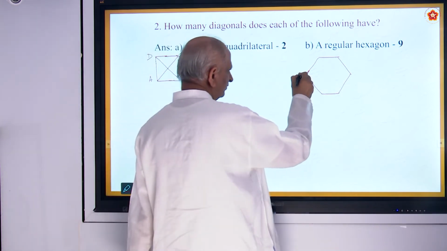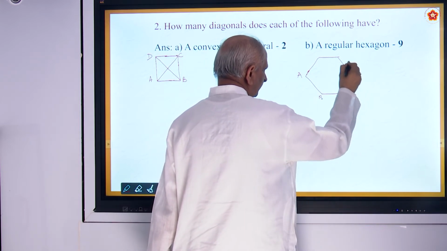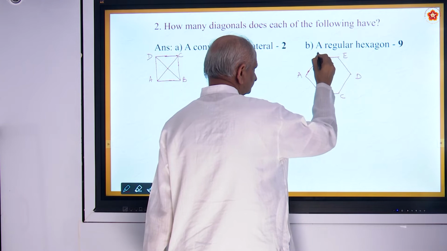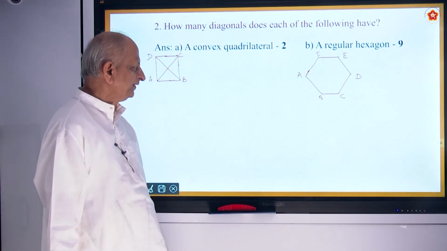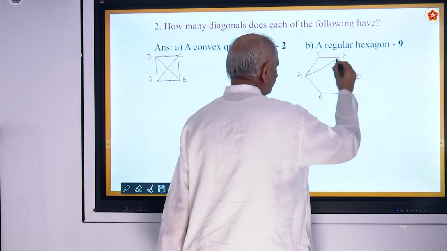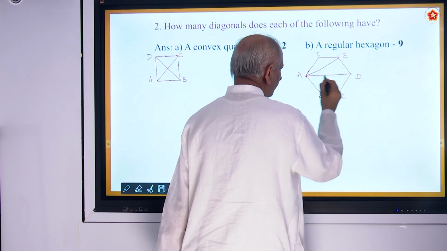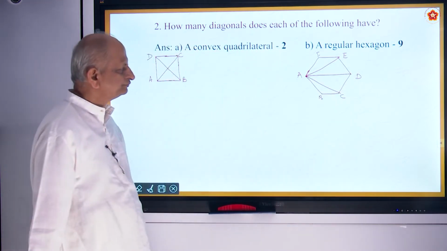You can name these vertices as A, B, C, D, E, F. Now you have to join the opposite vertices. From A, how many can you see? One is AE, AD, AC. You can also try.